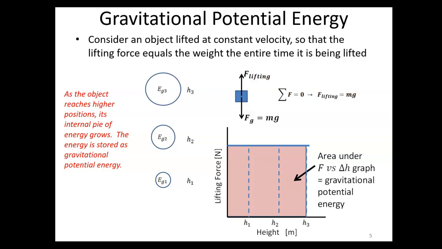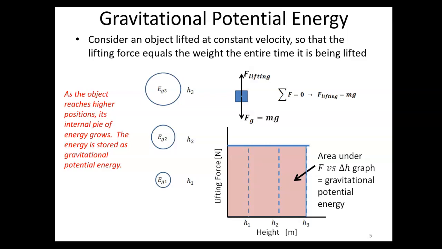But as the object gets lifted higher and higher, its gravitational potential energy keeps increasing. We see a depiction of that on the left-hand side of this figure. The pie of energy gets bigger, right? Its energy is growing as it gets higher, and the energy is stored as gravitational potential energy.